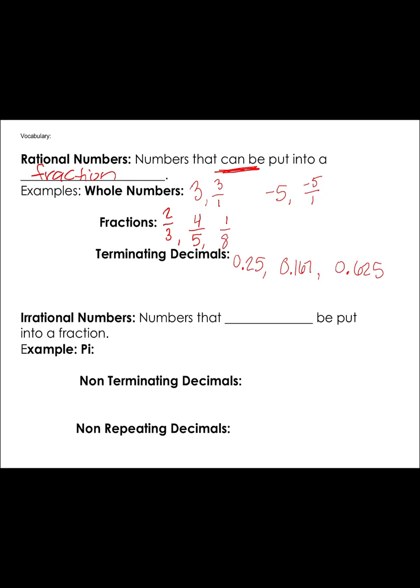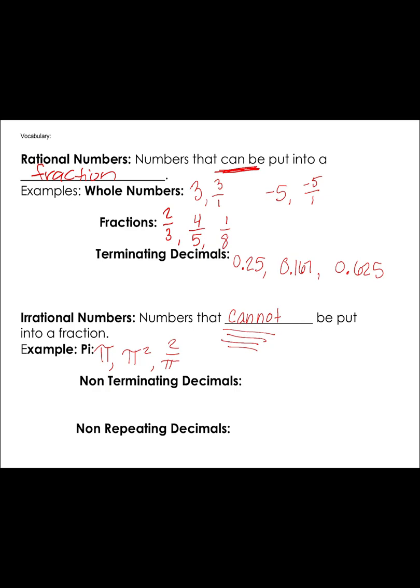Irrational numbers, they are numbers that cannot be put into a fraction. So anything with pi squared, 2 divided by pi, anywhere you see the pi symbol, that is an irrational number because it never ends and it always repeats.